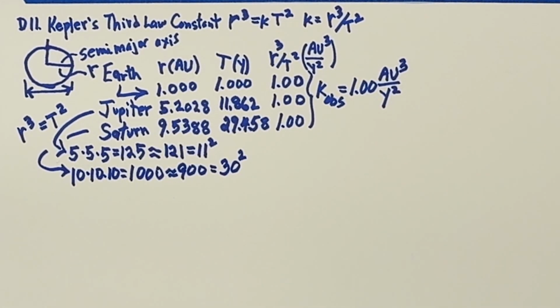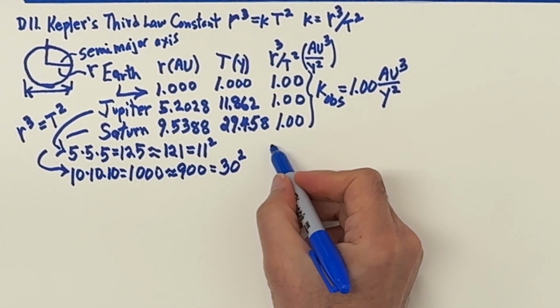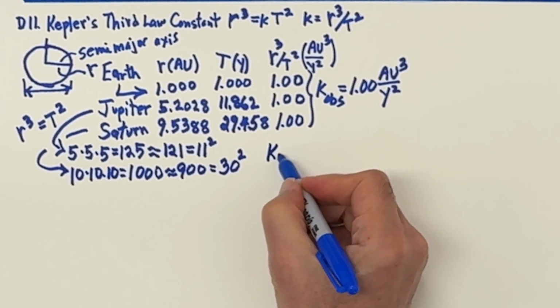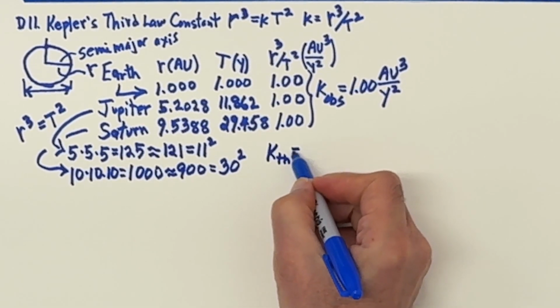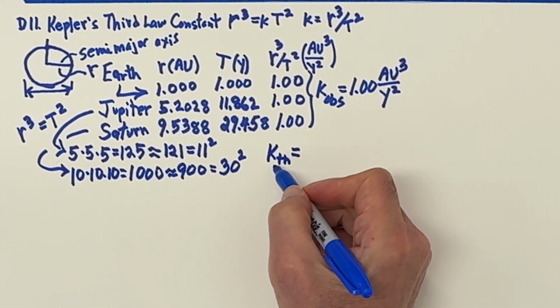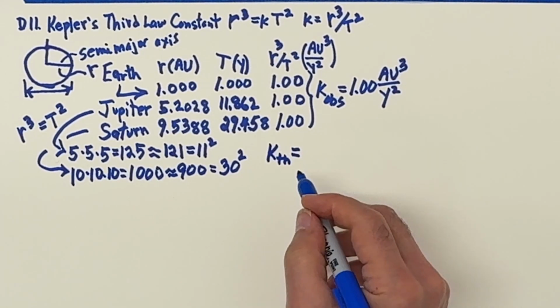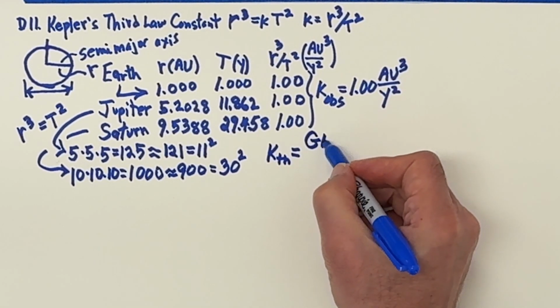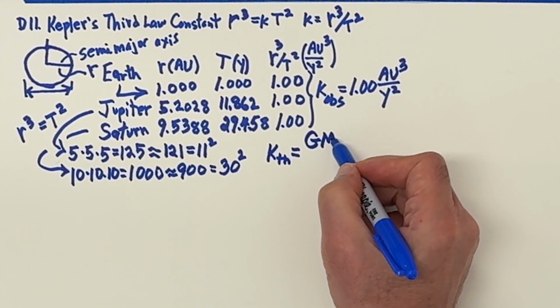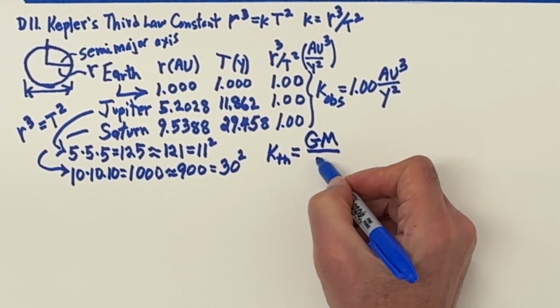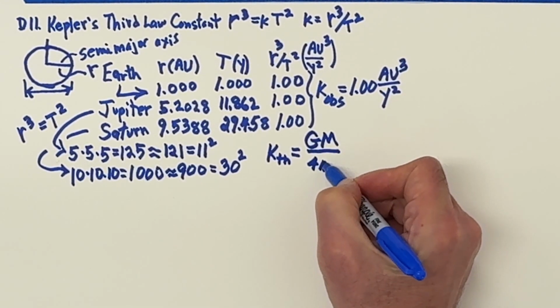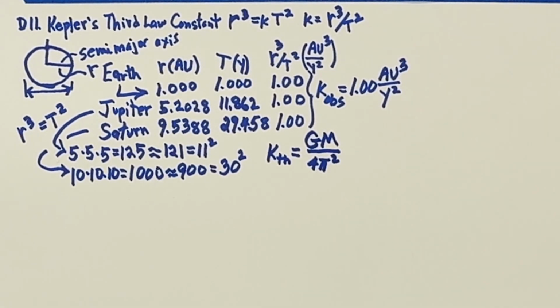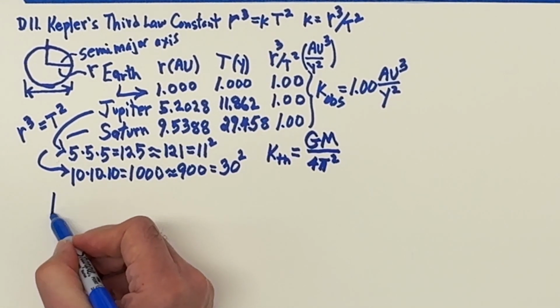Well, let's get back now to our theory, because the theoretical calculation for K, which I derived in another class, is the gravitational constant times the mass of the sun divided by 4 pi squared. So let's put in some numbers here.